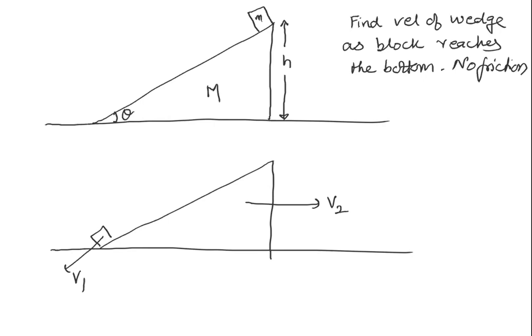So before you apply the law of conservation of momentum, you need to figure out what the velocity of this block will be with respect to the ground. The way I am going to do this is, I know for sure that the velocity of this guy will be horizontal.